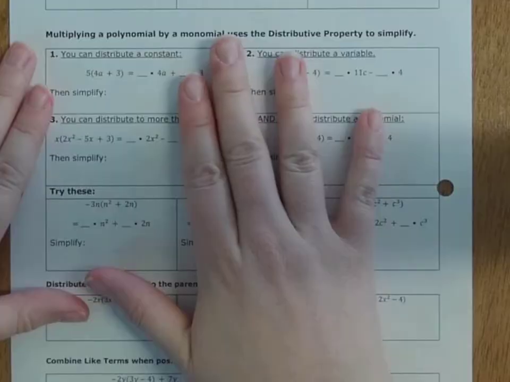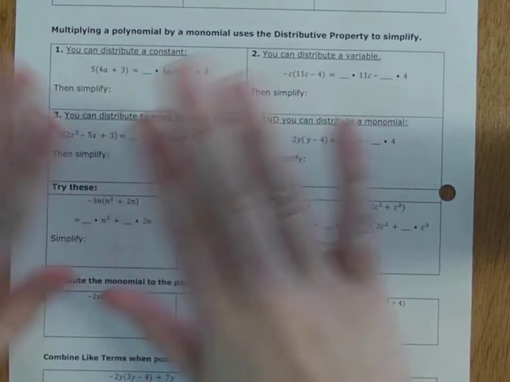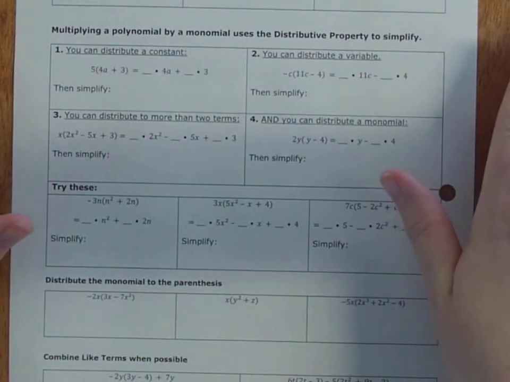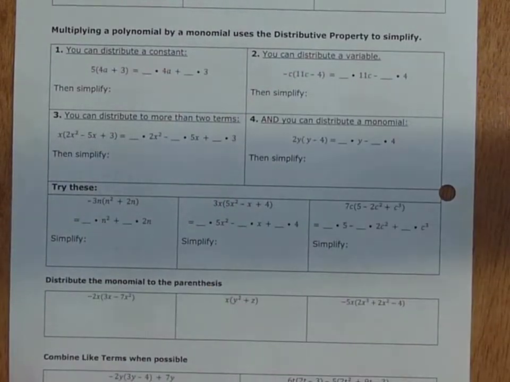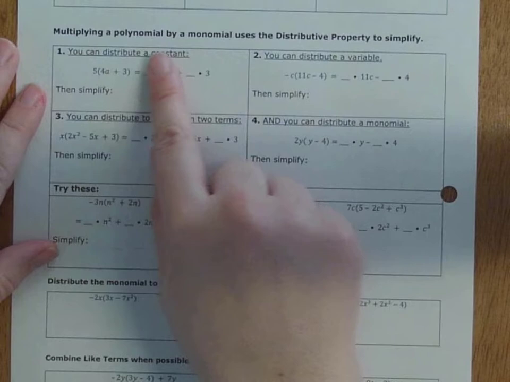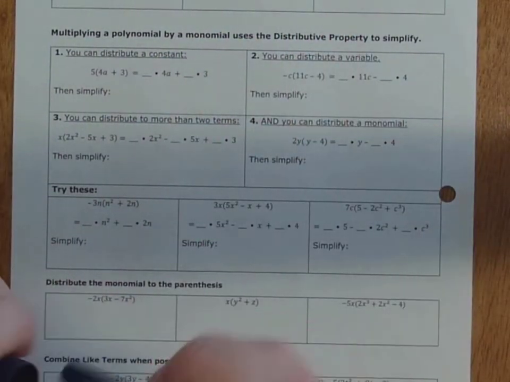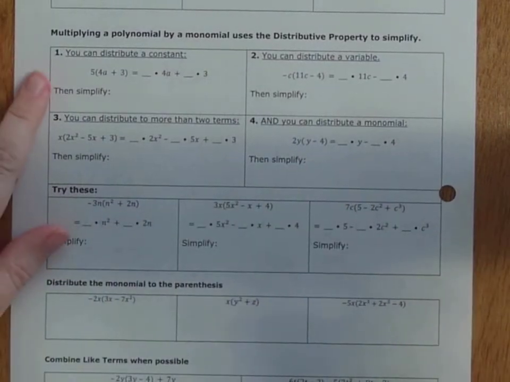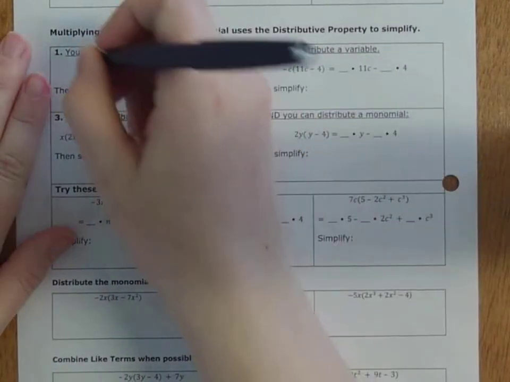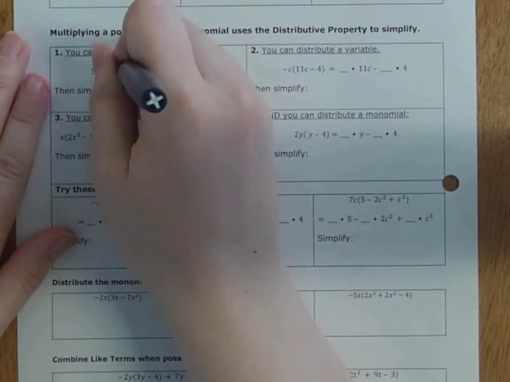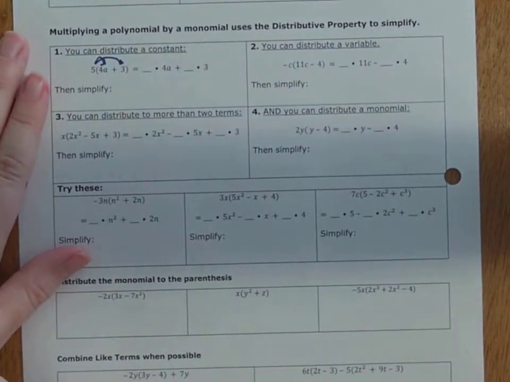Okay. What we've talked about in this entire unit about laws of exponents, and what we've just talked about now about adding and subtracting polynomials, to multiply a polynomial by a monomial. First, things you know that are not different that you've been doing since the 6th grade. You can distribute a constant.